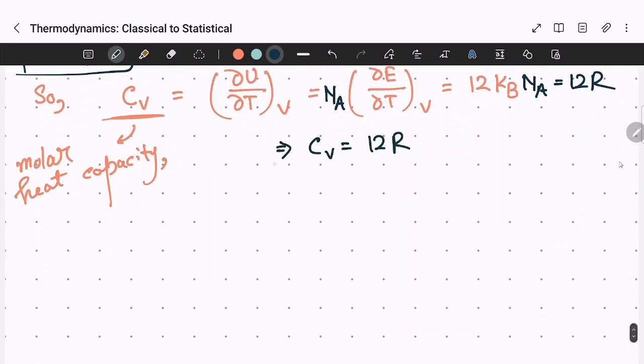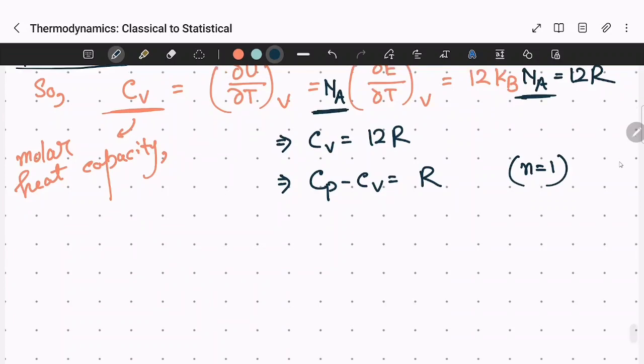So if Cv is 12 R, then what will be Cp? Cp minus Cv is R, or nR. We are considering one mole, so n equals 1, that's why we have multiplied with NA.